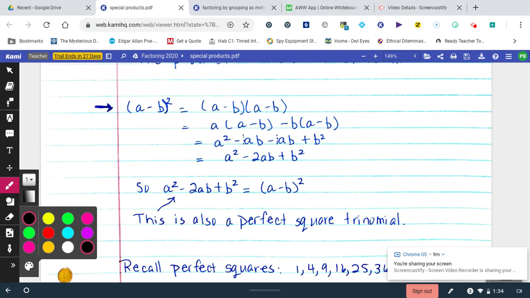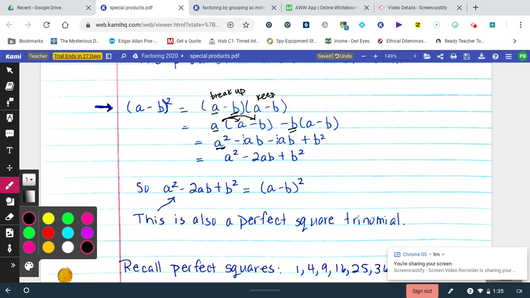Here I broke this one up, and here I kept this one together. So I have A, and then negative B times all of this too. So A times A minus B and negative B times A minus B. A times A is A squared.